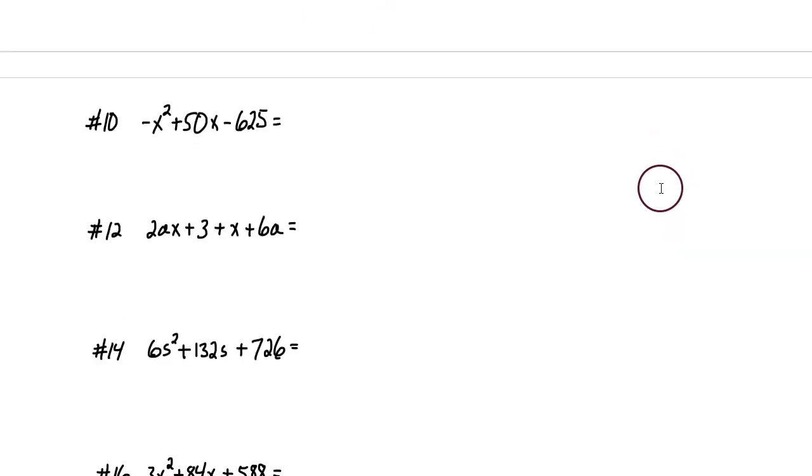Number 10. This one begins with a negative sign. If you ever have a negative leading coefficient, you start by factoring out a negative, or you might think of it as a negative 1. Either way. That leaves x squared minus 50x plus 625. Now look at that polynomial. Is it a special pattern?